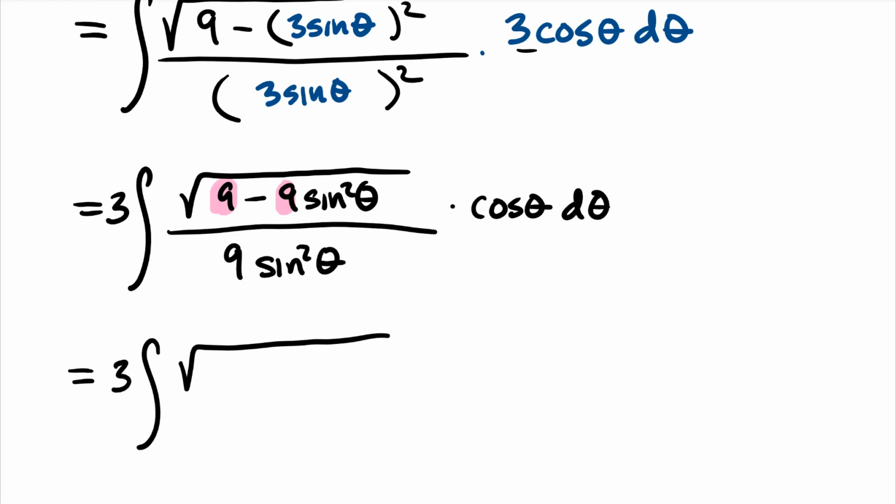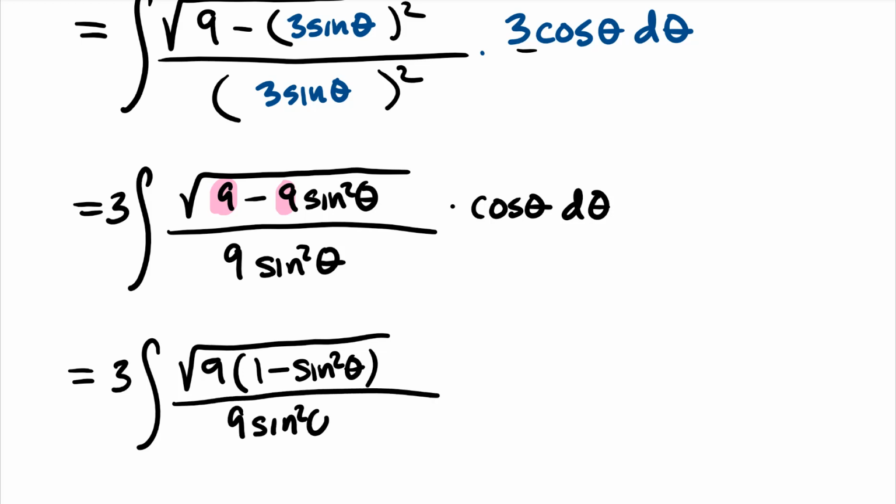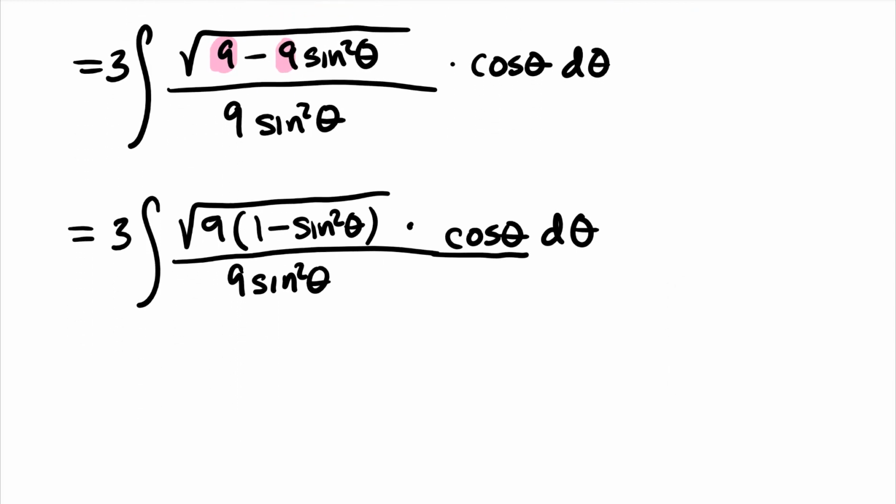So this is the square root of 9 times 1 minus sine squared of theta, all over 9 sine squared of theta, times cosine of theta d theta. Maybe just leave it like that, the multiplication. And we all know 1 minus sine squared, don't we? Come on, man. You know this. So the square root of 9 is 3. Well, hold on. Let me go step by step.